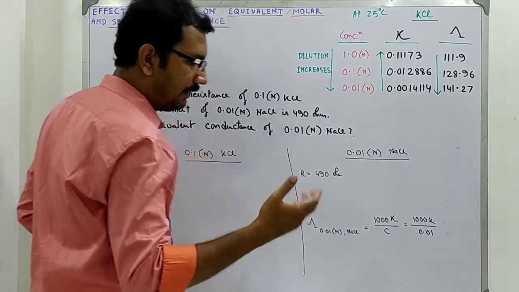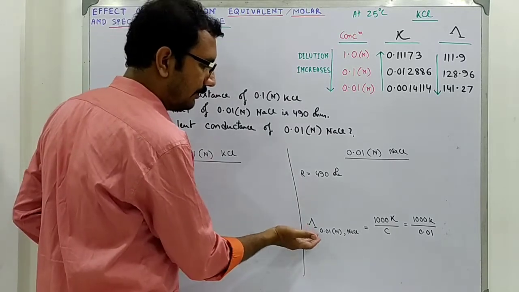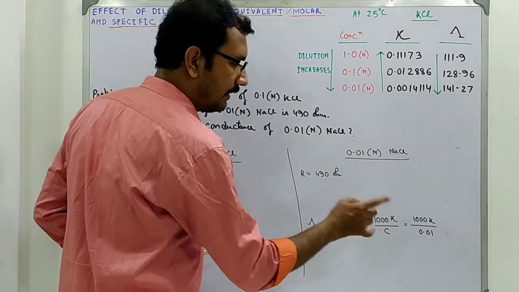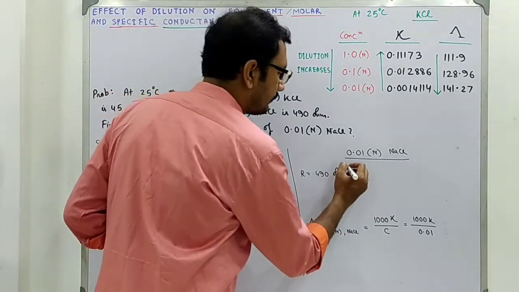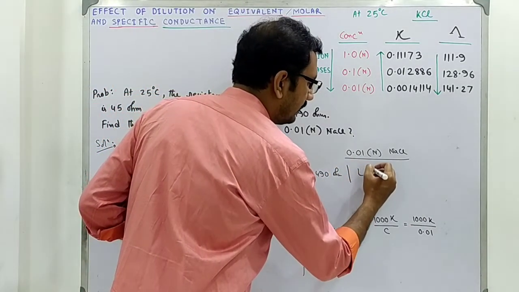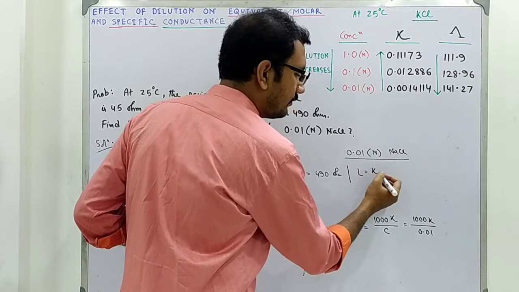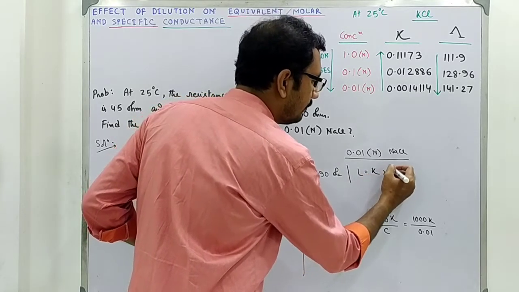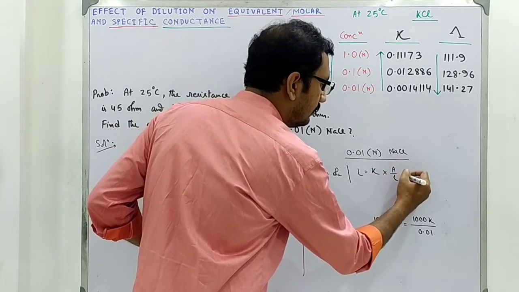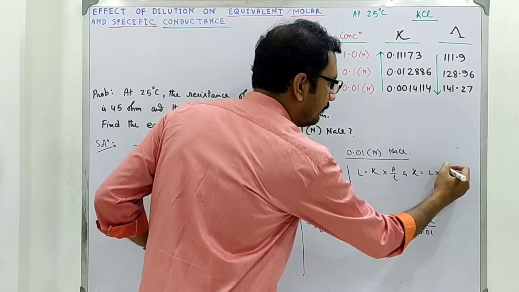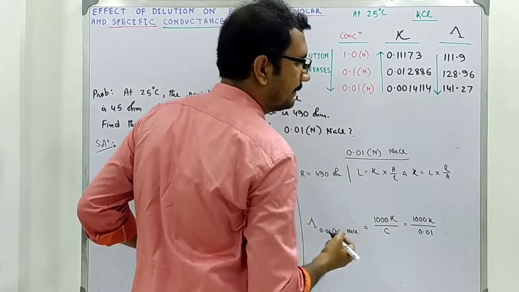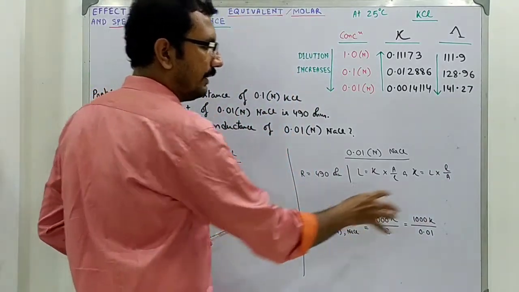Now, you can easily understand that to have the value of this equivalent conductance, you must know its specific conductance. So, we need the relation: conductance L equals specific conductance kappa into A by l, or specific conductance kappa equals L into l by A. Now, what is the value of this L?